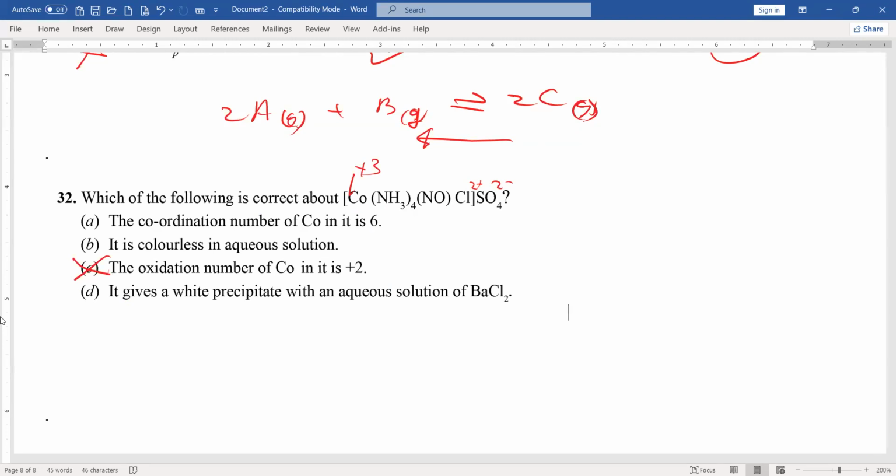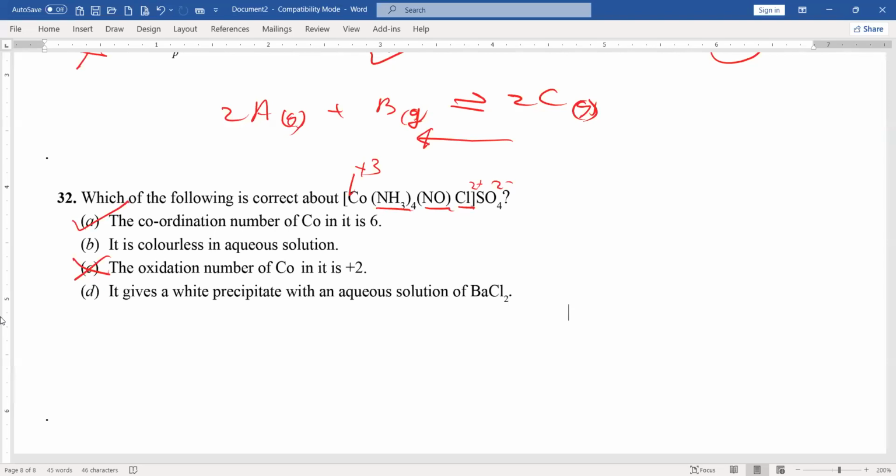First one, the coordination number of cobalt is 6. That is correct. We have 6 ligands attached to this. So 6 ligands means the coordination number. Coordination number is the number of dents, the number of bonds.